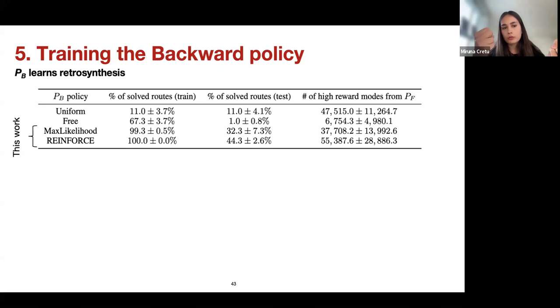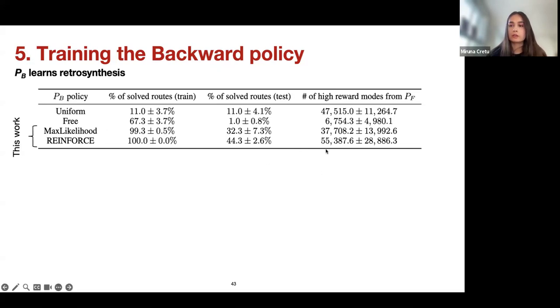We see that with a uniform backward policy or with a free backward policy, which is just updated through the trajectory balance loss, the percentage of solved routes is much better when we train the backward policy separately. And for a test set where we take molecules outside of our training distribution, we see that the model does actually manage to perform retrosynthesis.